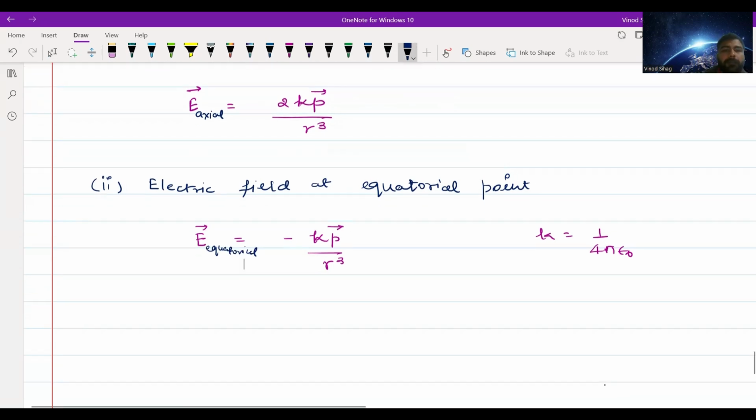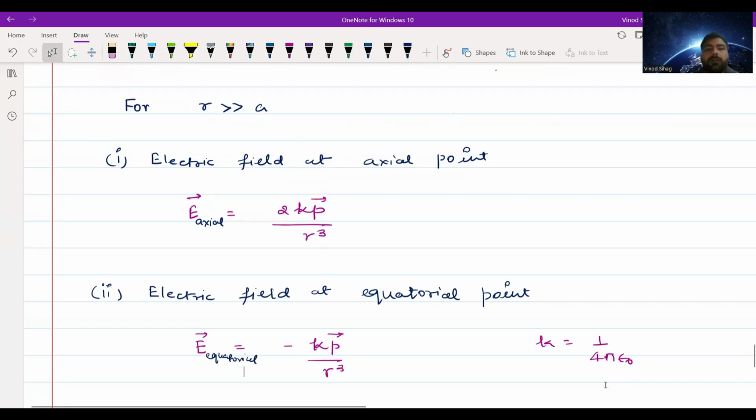So that is what the electric fields due to a dipole at an axial point and at an equatorial point.